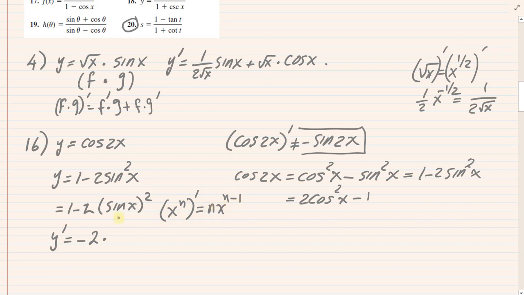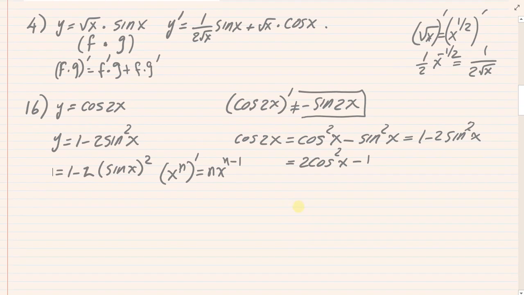So treat sine x as x, and n is 2. So this is going to be 2 sine x. And the answer is going to be negative 4 sine x in this case. Or actually, hold on. I'm just writing it using the double angle identity.